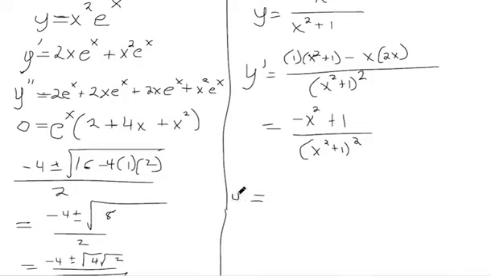Okay, so unfortunately we need the quotient rule again because we need another second derivative. So the derivative of the top function is negative 2x times the bottom function kept the same minus the top function kept the same times the derivative of the bottom function.